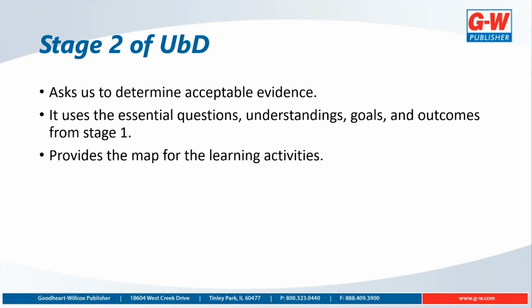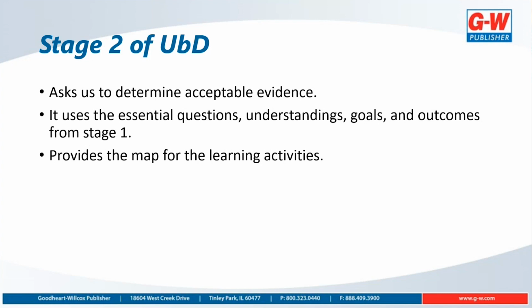So stage 2 of Understanding by Design, you may be asking yourself, why did we just do strategies and talk about assessments? Well, the answer is that stage 2 is where we determine acceptable evidence, and usually this is accomplished by assessments. In stage 1, we use essential questions, enduring understandings, established goals, and learning outcomes to identify our desired results.